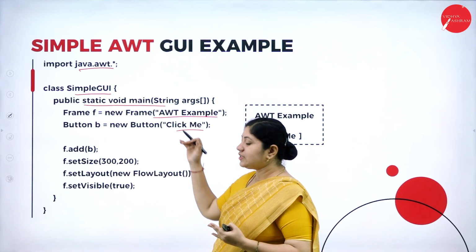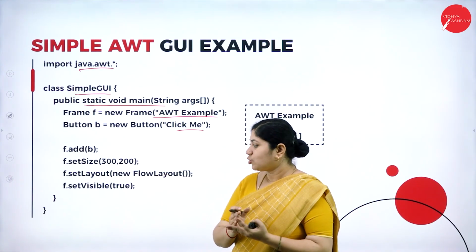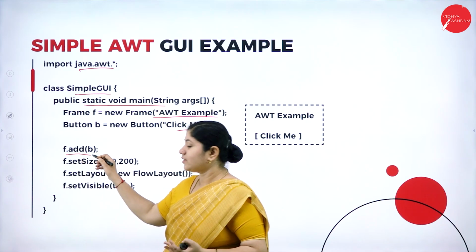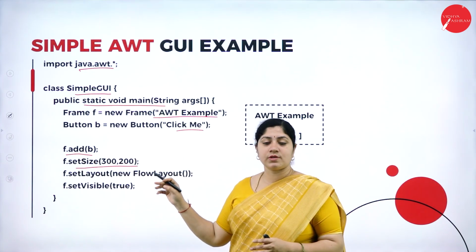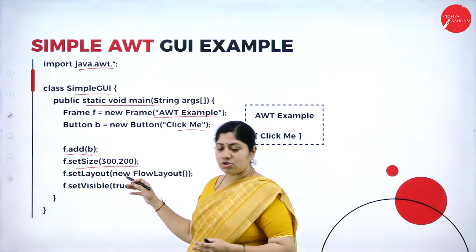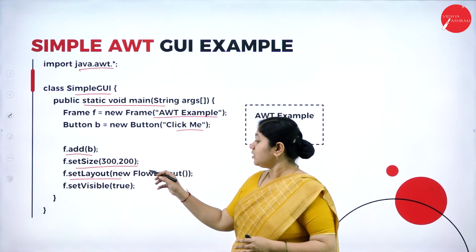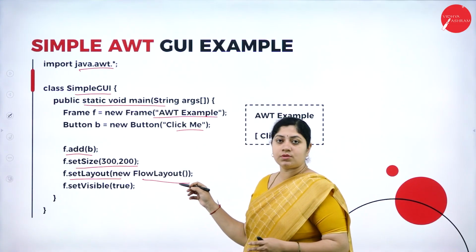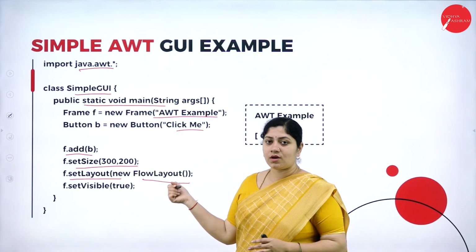All right, once it is done, next we have to add the dimensions for that. So how is it? That's by f.add(b) followed by setSize, which includes the dimension, that is 300 cross 200. Next f.setLayout(new FlowLayout()). So this is the default layout, correct? So yes, we are calling it.